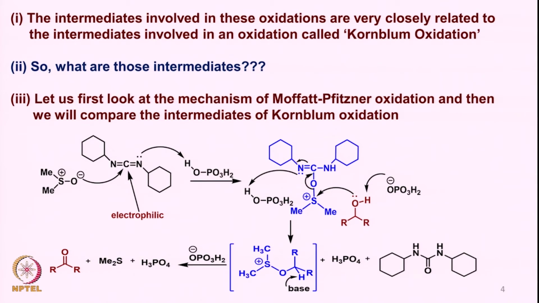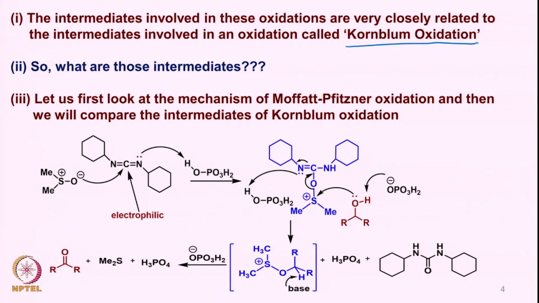Now, the intermediates involved in these kinds of oxidations are very closely related to another oxidation known as Kornblum oxidation. So what are those intermediates? We'll look at those a bit later, but first let us see the mechanism of the Moffatt-Pfitzner oxidation and how the Barton oxidation has also been looked at.